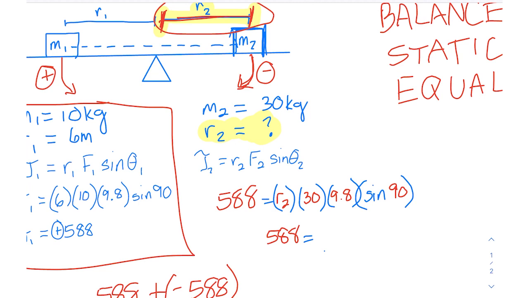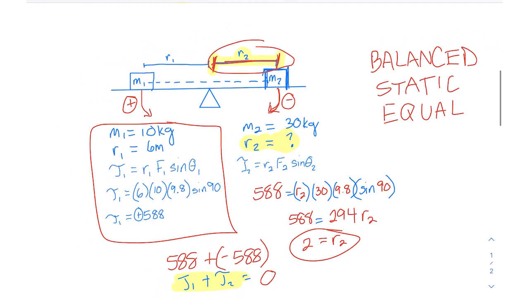Remember that sine of 90 is equal to 1, so it's just 30 times 9.8, which would be 294, times R2 would equal 588. Divide by 294, and we get 2 equal to R2. So in this question, that means that this distance here is 2 meters. That's going to be our answer to this question.